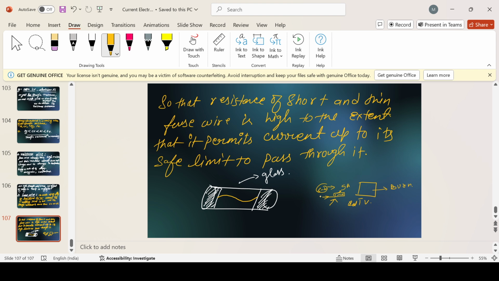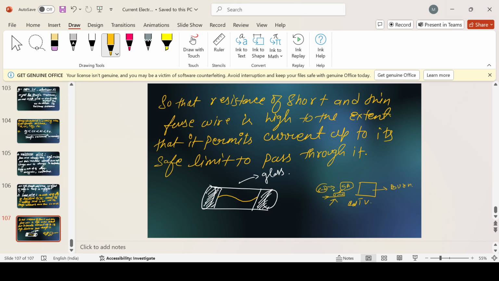Yes or no? Yes, sir. When an excess amount of current flows through this wire, which can only withstand 5 ampere, the temperature will increase. Although we have made it high resistance so it can control the flow of electrons, so that the TV won't get lots of current at a time, we also give it a very low melting point.